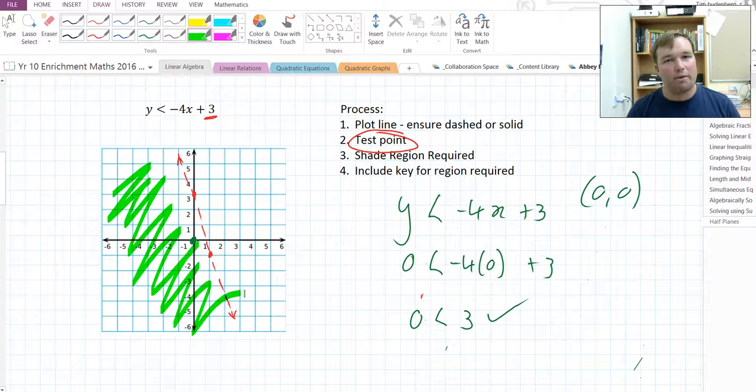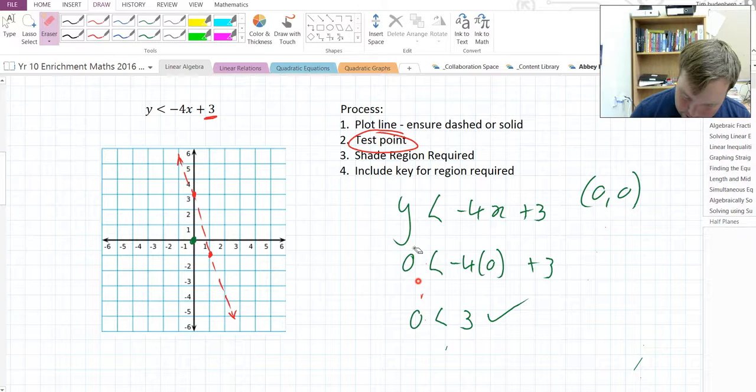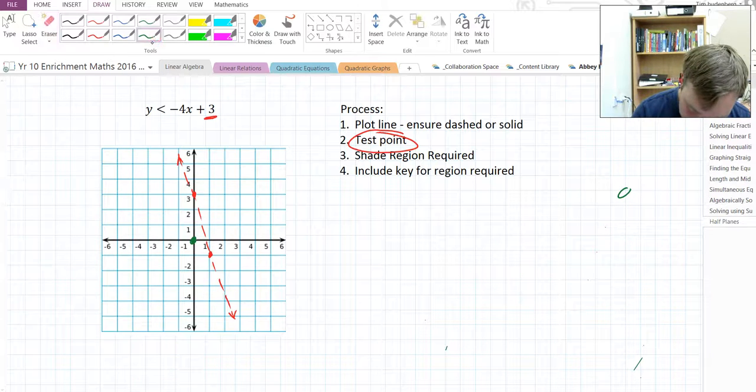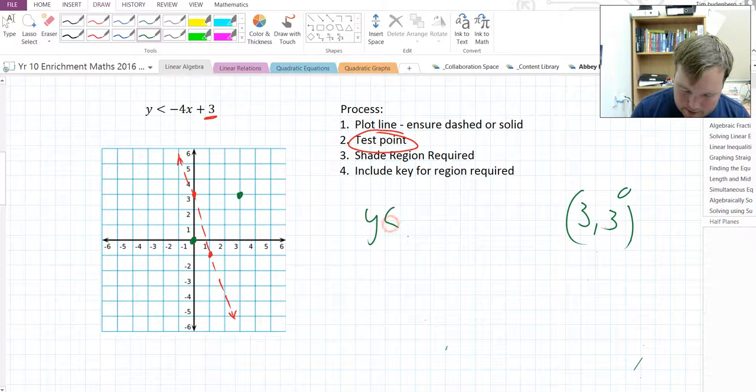Let me show you what would happen if we picked a point that wasn't in the feasible region. If we picked a point, say the point (3, 3), up here. What we would do is we would say y is less than minus 4x plus 3.